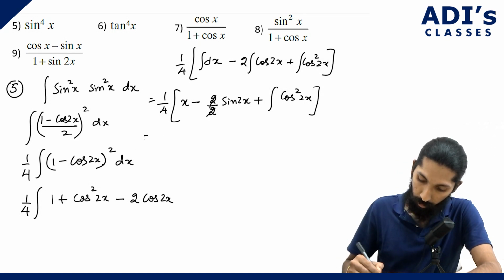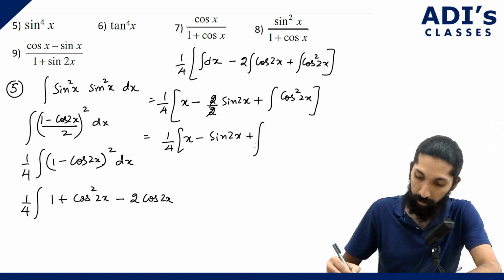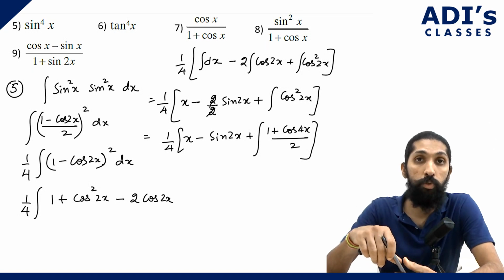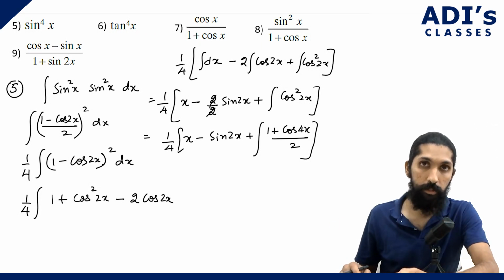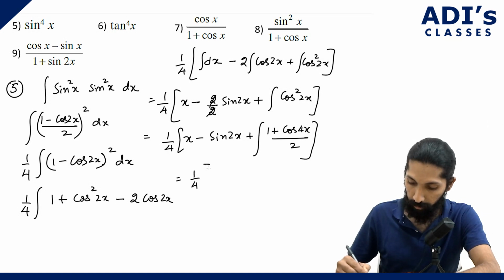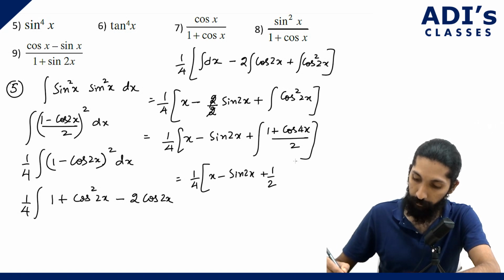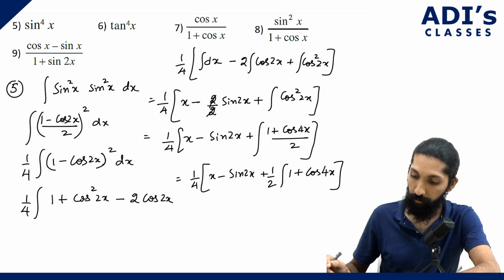So now you'll get it as 1 by 4 into x minus sine 2x plus this we can write as (1 plus cos 4x) divided by 2. Remember how we used to do (1 plus cos 2x) divided by 2? Likewise, this is going to be (1 plus cos 4x) divided by 2. So, 1 by 4 into x minus sine 2x plus half integral of 1 plus cos 4x, right?